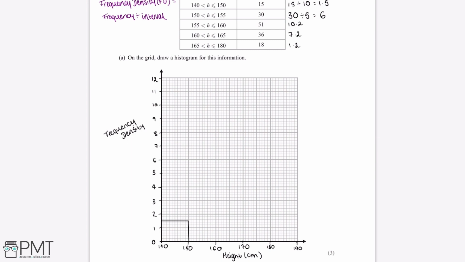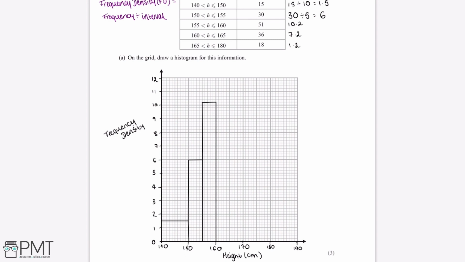Next we have the heights between 150 and 155 centimetres and a frequency density of 6, so our bar should look something like this. Next we have a frequency density of 10.2, heights between 155 and 160 centimetres. And the bar should look something like this.